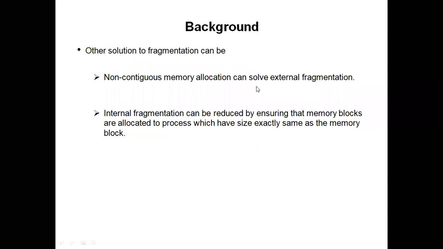And there are some other possible solutions for this memory allocation. One solution is that if I start giving non-contiguous locations to the processes, then external fragmentation will not be a problem.